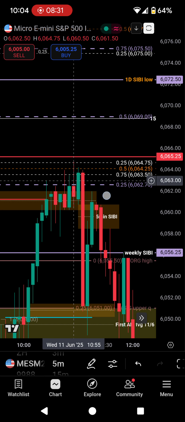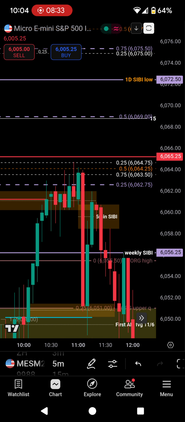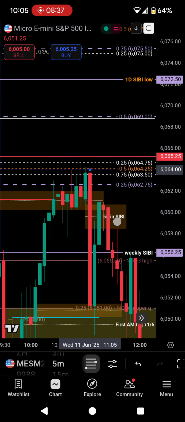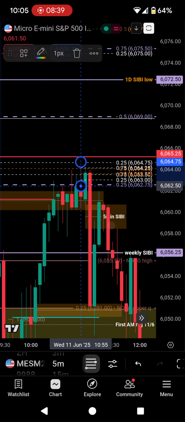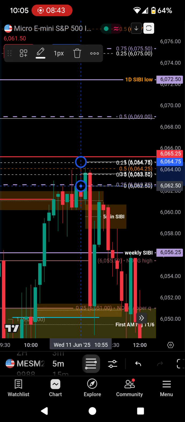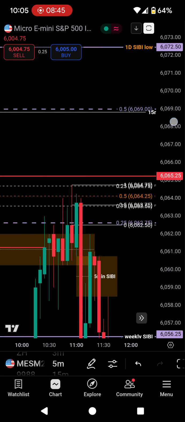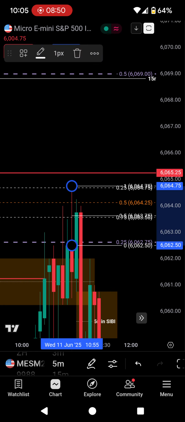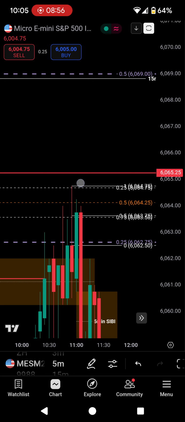Here, as you can see, if I measure this CE wick, it might be also the same. So let's measure and see. I'll just use the usual on this one. It came up above the bodies a bit. That might be a mohawk, but never mind, because today was a high resistance, so all this is literally just mohawks.